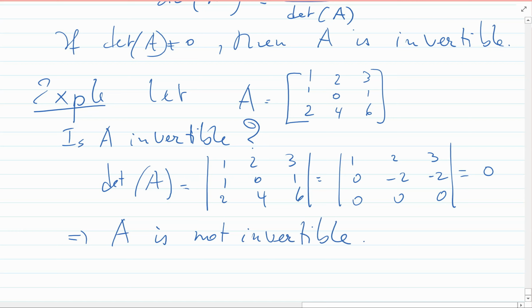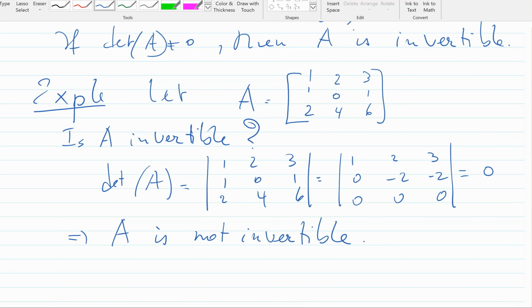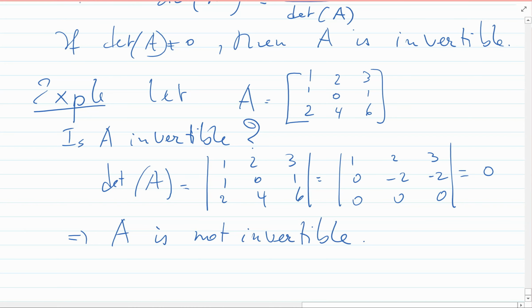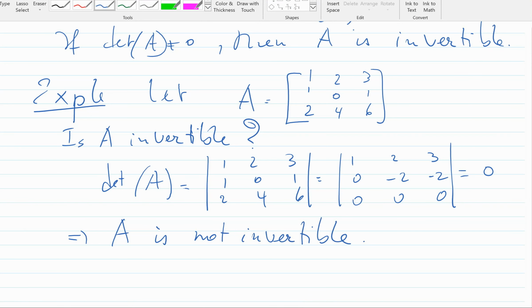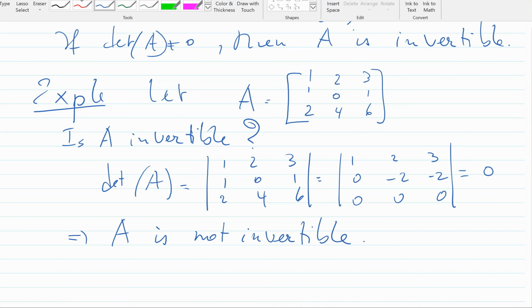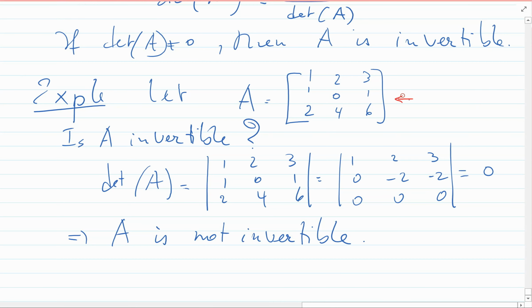Of course, if someone sees right away, if we see right here that row 3 is proportional to row 1, so the 2 rows are proportional, the determinant is equal to 0, then yeah, you can see it quickly.